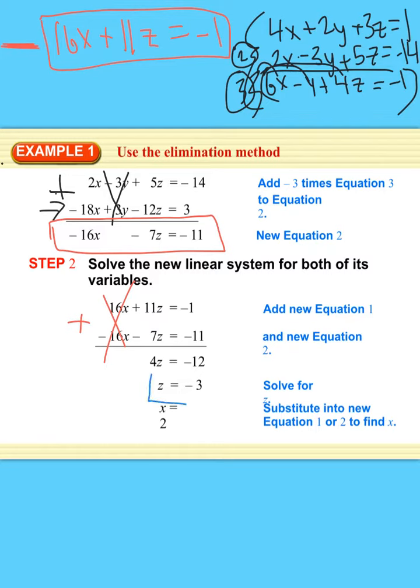So now that I found my z, I'm going to plug it in to one of my new equations and find x.